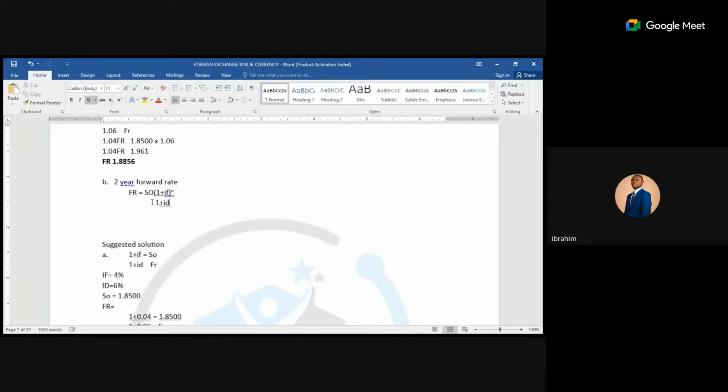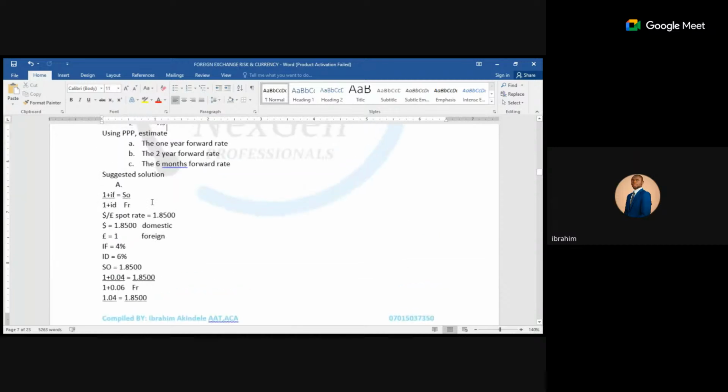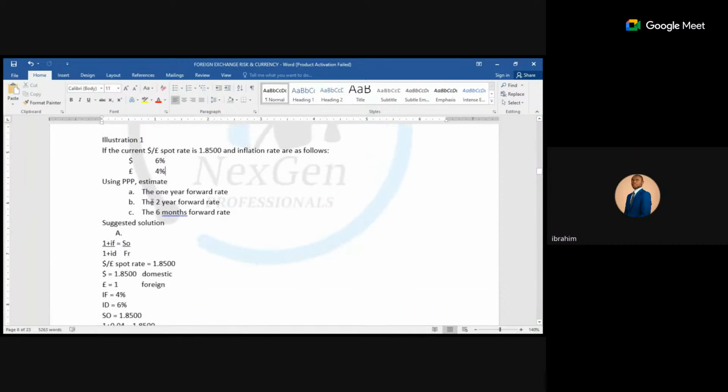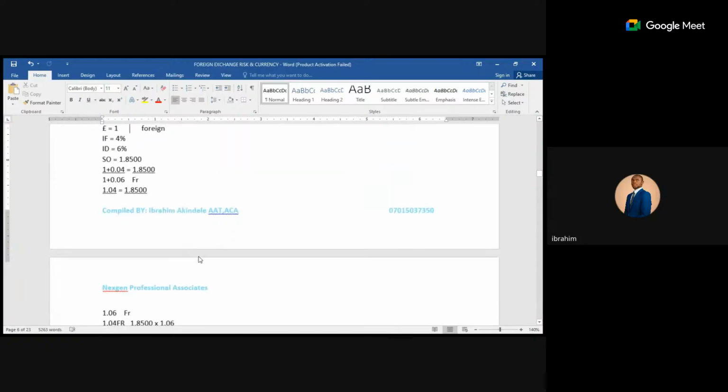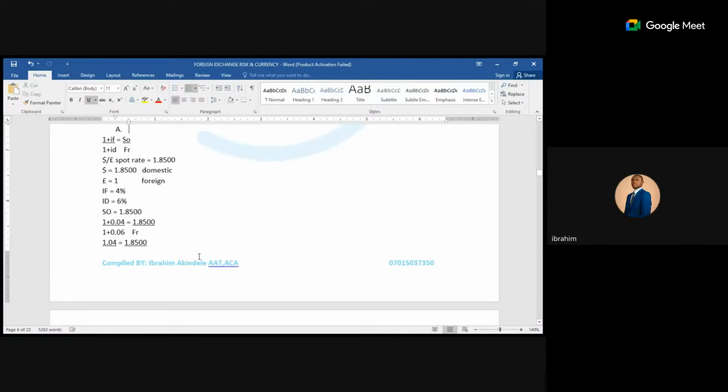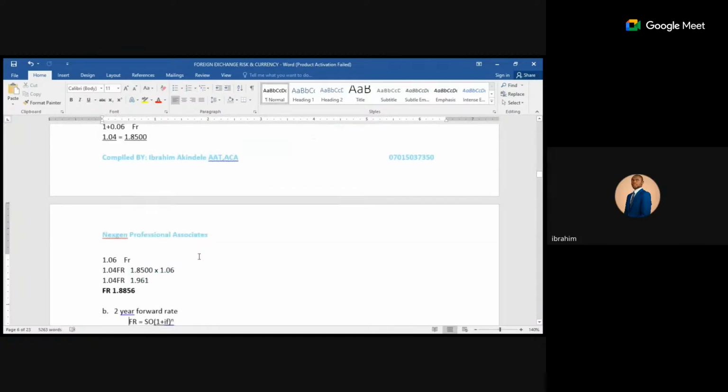Class, are we there? Because our forward rate is for 2 years, you have to raise it to power 2, because this is just 1 year. That's the reason why we do it like this. We have 1.8856.